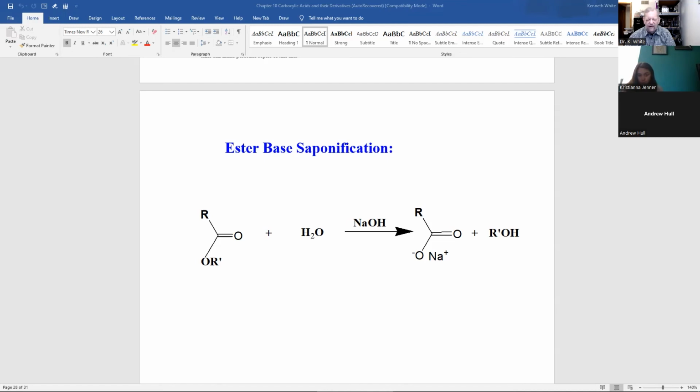Where M can be sodium, potassium, or lithium. It can be a lot of other bases too, but let's stick to that.